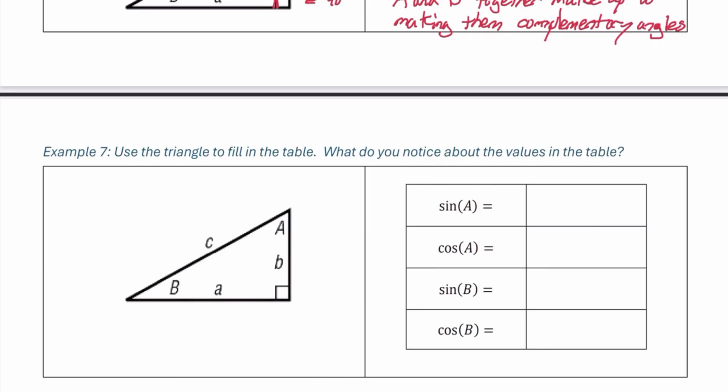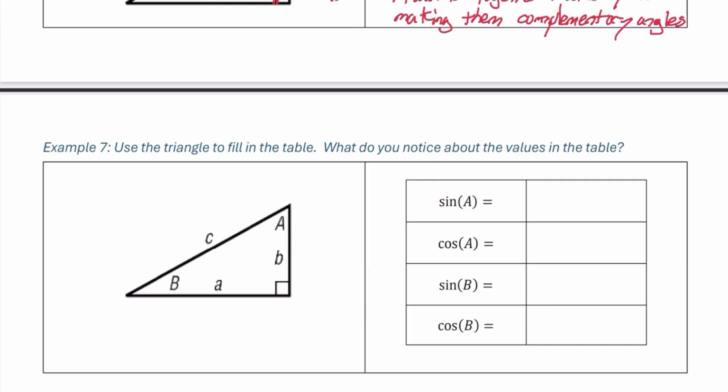Here we have that same triangle. Let's use some information that we now know about complementary angles to find sine, cosine of these different angles. Up first, notice we're going to be focusing on angle A, and we want sine of A. If it helps you, we can recall that SOHCAHTOA will help us find those ratios.